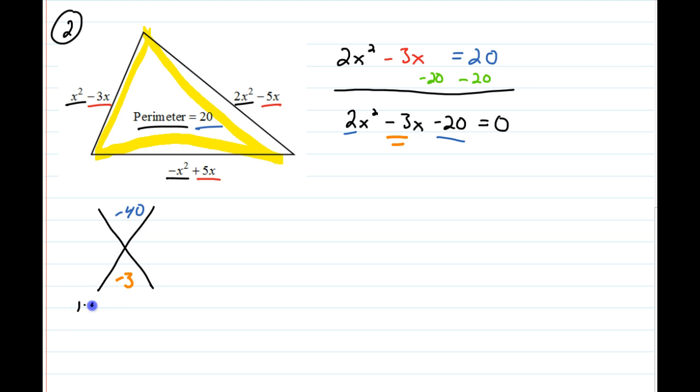So we have 1 times 40, 2 times 20, 3 no, 4 yes, 4 times 10, 5 times 8, 6 no, 7 no, 8 yes, but I already have it, so these are my 4 sets of factors. So since it has to add to a negative, that means my bigger number needs to be negative, so all of these on the right side are negative this time. And so now we look at the set of numbers and what would make negative 3. So that'd be 5 and negative 8.